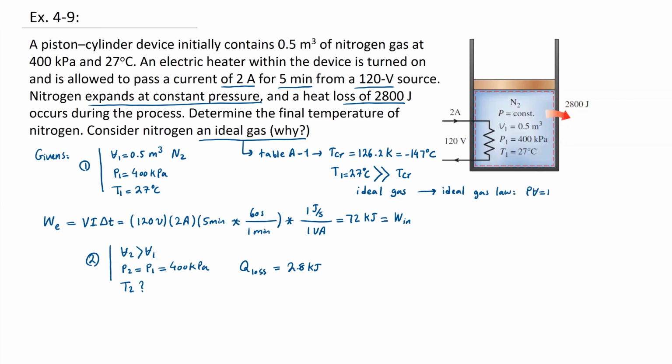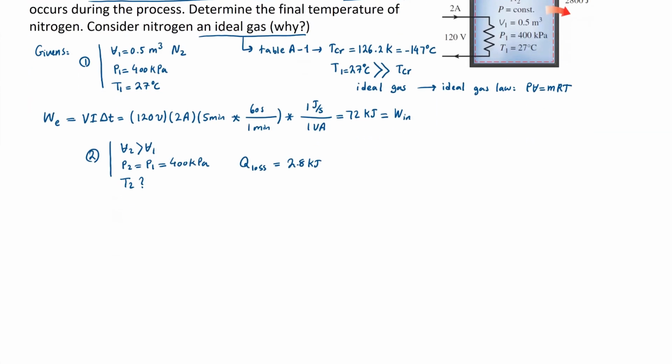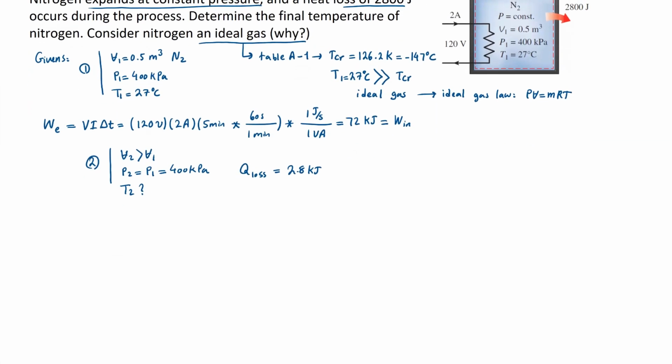PV is equal to mRT. I'm interested in T2, so I'm going to write down the ideal gas law in state 2. P2 V2 is equal to m R T2. Pressure in state 2 is given.